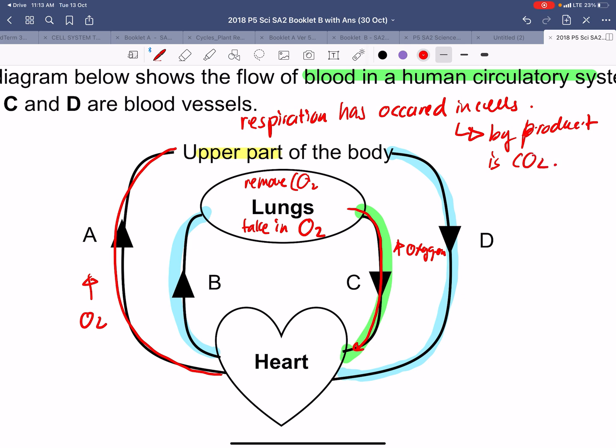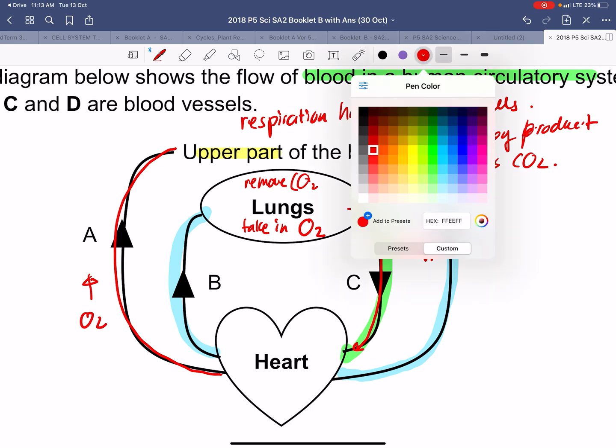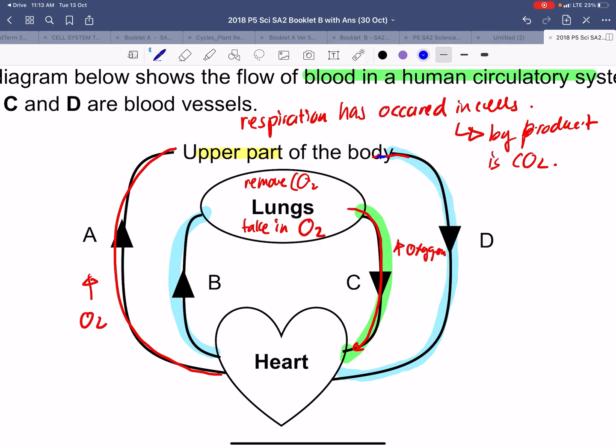CO2. So can you imagine when all your cells, other parts of your body carry out respiration, CO2 gets produced, it needs to go into the blood. And that's where all the CO2 will return to the blood. Okay, I'm going to use blue to show the oxygenated blood. And then it will carry this carbon dioxide to your heart.